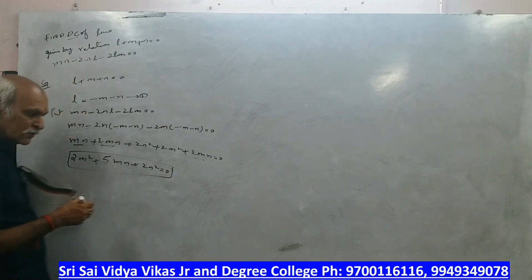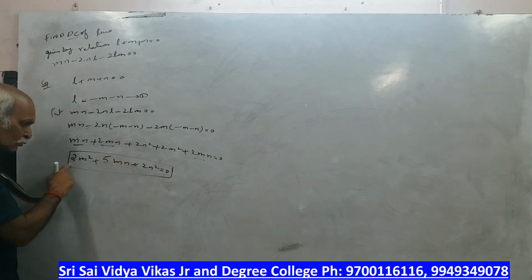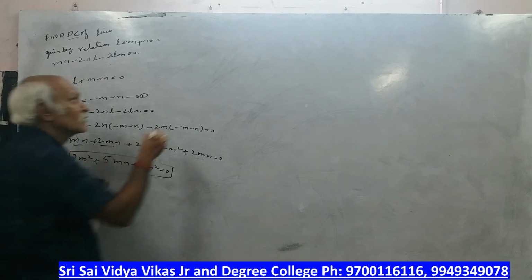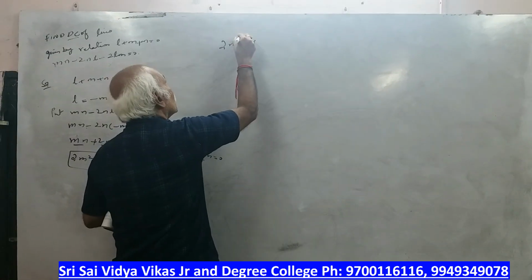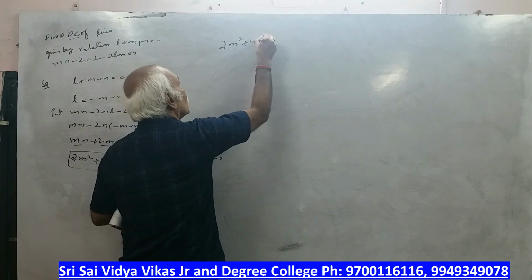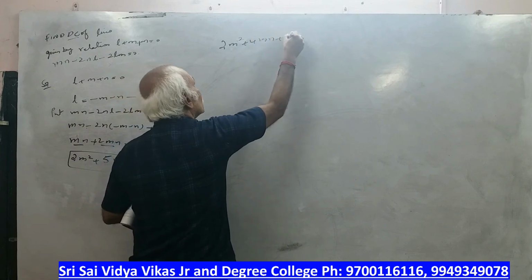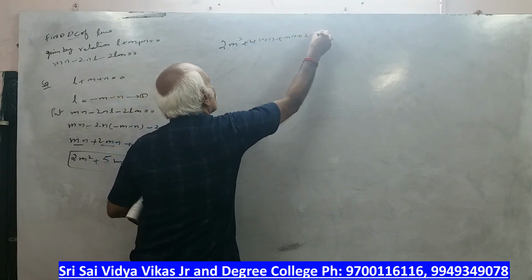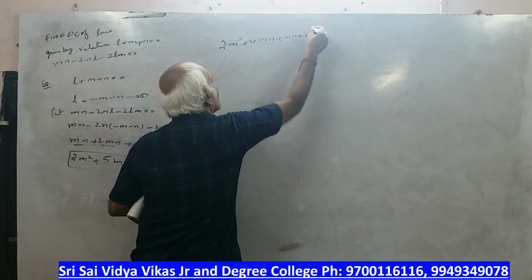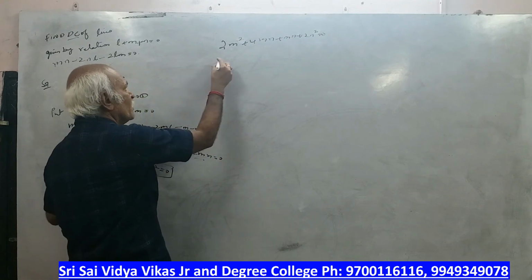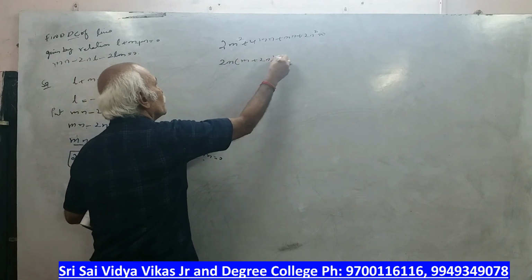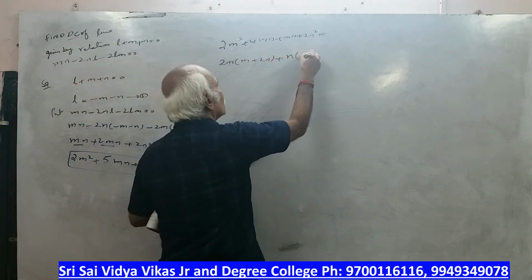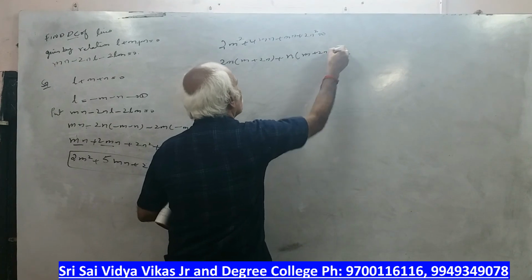Now factorization: 2M square, 2N square, 2 twos are 4, 4 plus 1 is 5. Look at here, 2M square plus 4Mn plus Mn plus 2N square is equal to 0. So 2M common, M plus 2N, plus N common, M plus 2N, is equal to 0.